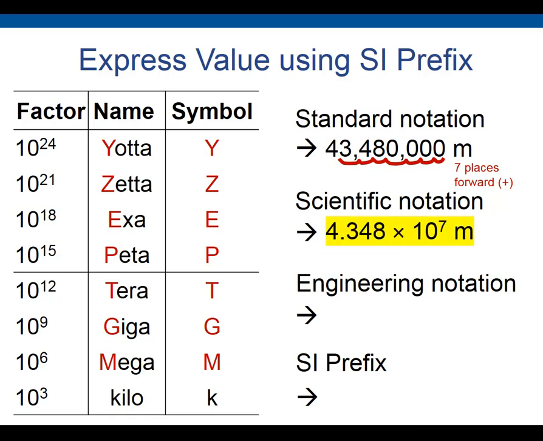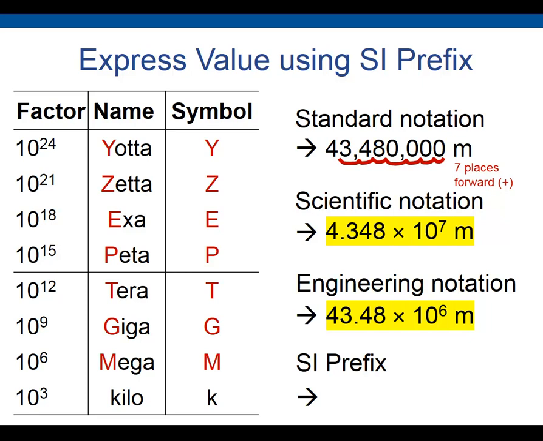Then we find 4.348 times 10 to the 7 meters. How about in engineering notation? In engineering notation, the superscript number should be a multiple of 3: 3, 6, 9, 12. So 43.48 times 10 to the 6 meters.